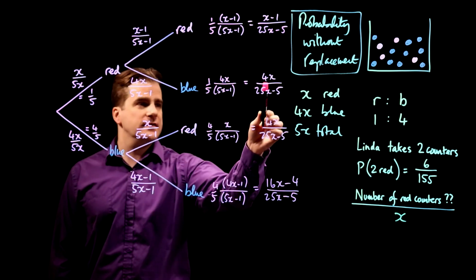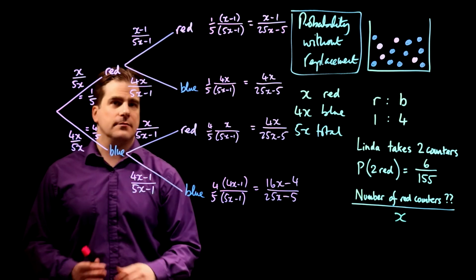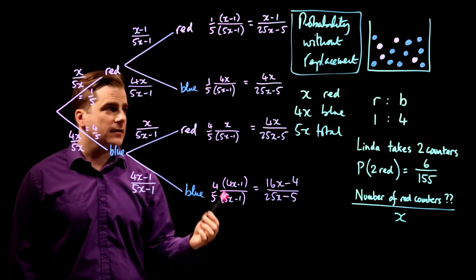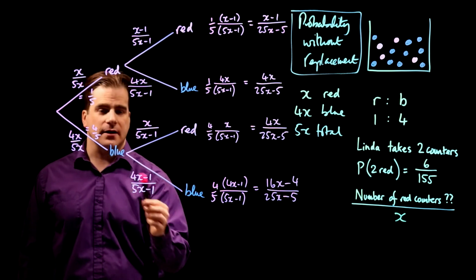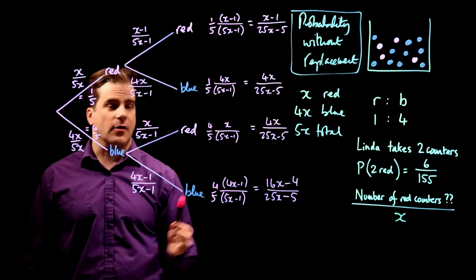Notice that these two are the same. Why is that? Well, choosing a red and then a blue is equally likely as choosing a blue then a red. It turns out that they're equally probable.